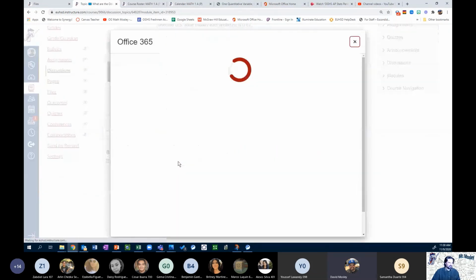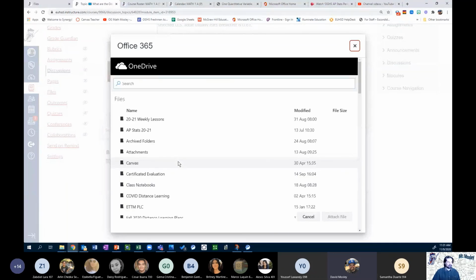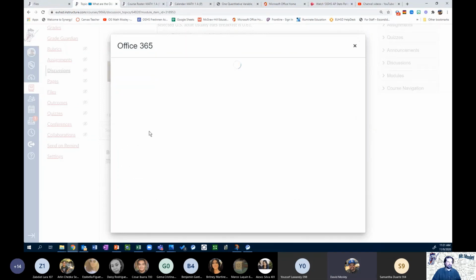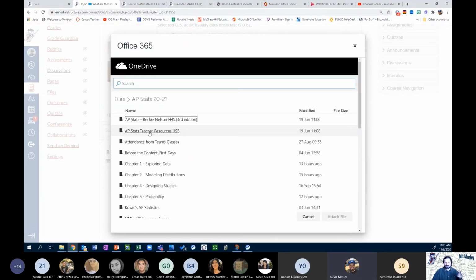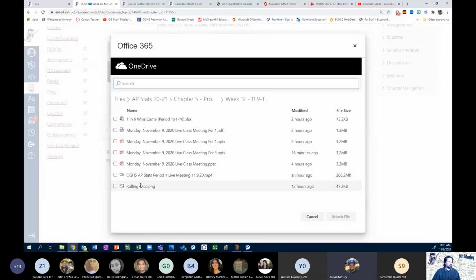If you go into Office 365 and you've saved your image into your files in Office, right, you can attach the image as a clickable file. Right, so if I do it that way, I can just click in and say, okay, I want my PNG file here, and I can attach the file. All right, so it won't show the image, but as the teacher, I can click on it, download the image, and look at it.